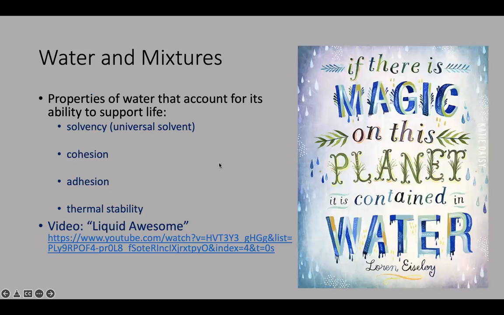All right, into water. We talk about water in 1101 quite a bit, so this will be a very shortened version of that. Some of the characteristics of water. Water is really important. Depending on your age and your gender, you're made up of anywhere between two-thirds and three-quarters water.